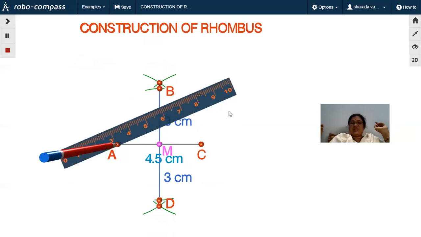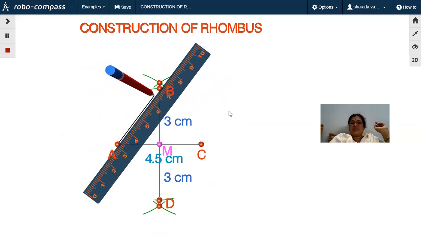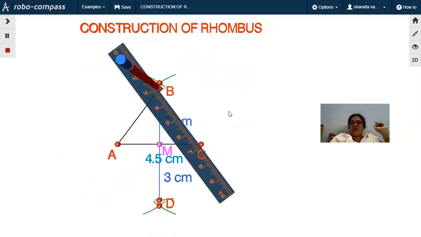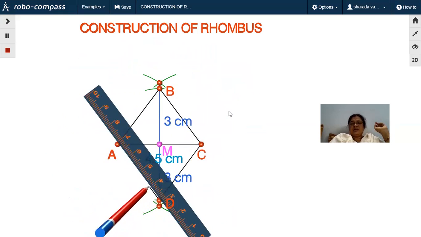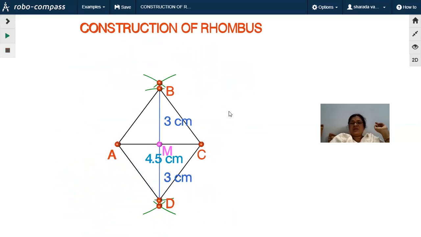So these are the vertices. Now we'll easily join the vertices AB, then BC, then CD, then AD. Now you get a rhombus.